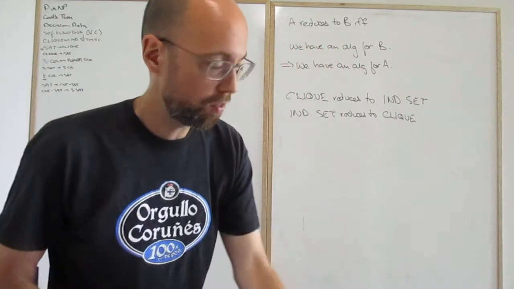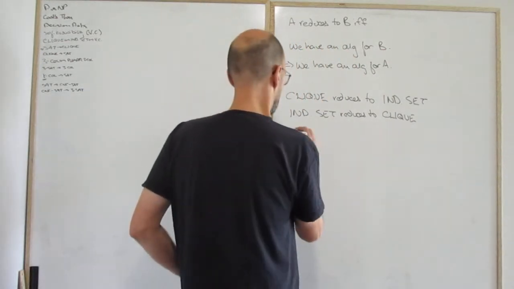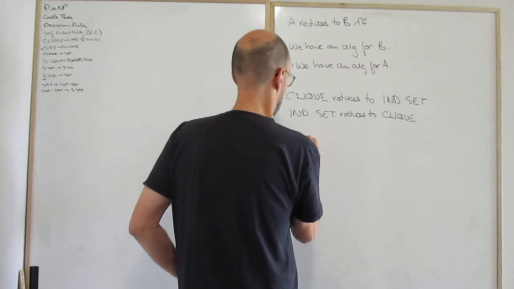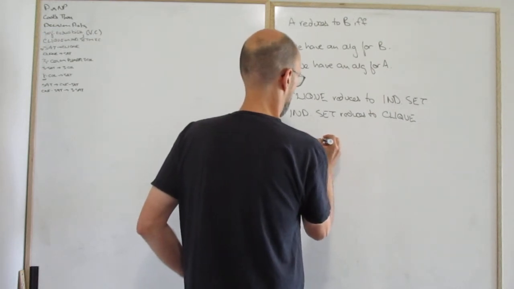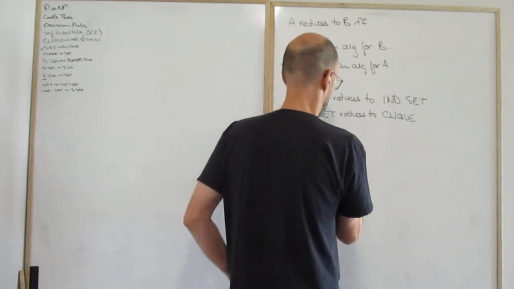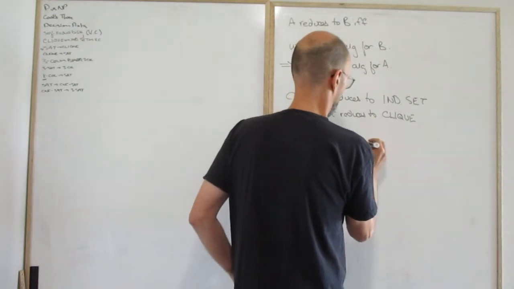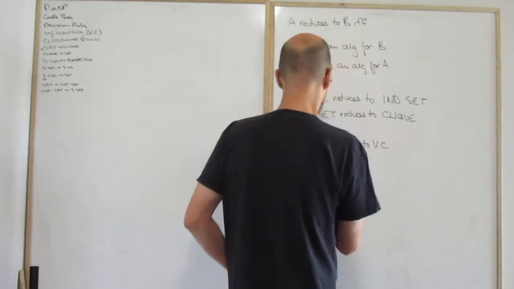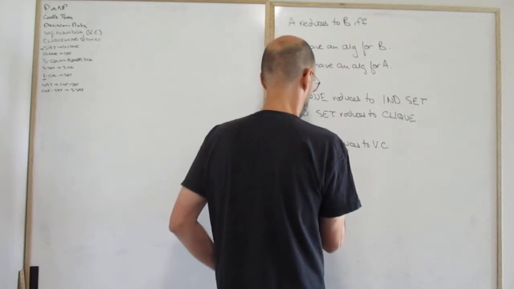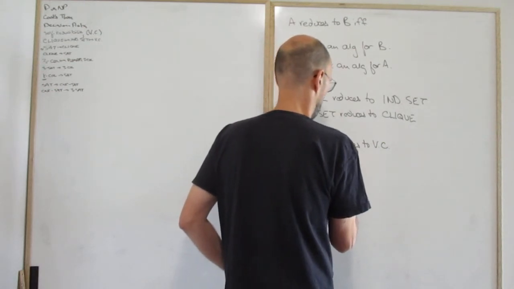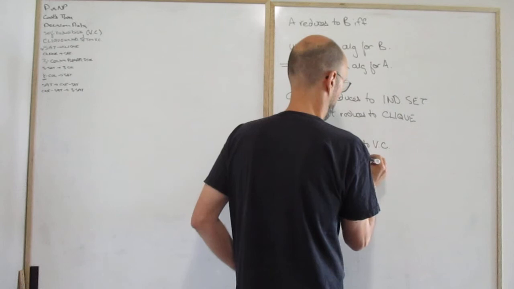So now we say independent set reduces to vertex cover reduces to independent set.